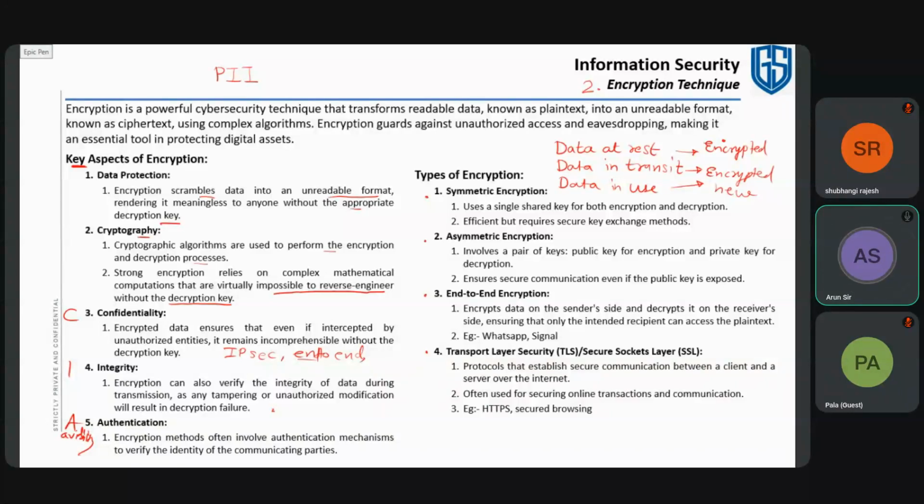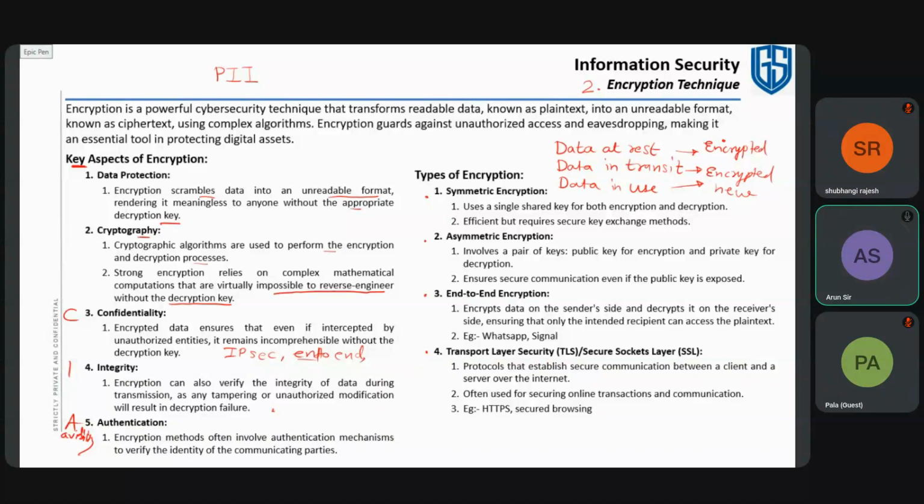Then asymmetric encryption has two keys, that is one pair. One is the public key, which is for encryption, and another is the private key, which is available to every individual receiving those packets, and they can open or decrypt that packet.